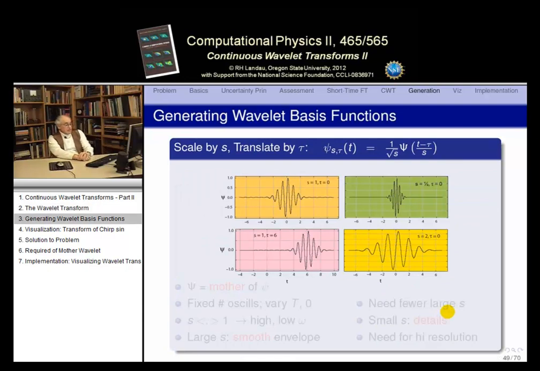Okay. So let's go ahead again and say, okay, we need now wavelets for all different scales and all different times. So let's look at slide 49. What do you see here? Well, you see here a very clever way of getting wavelets at all possible scales, or frequencies, and covering all possible times.